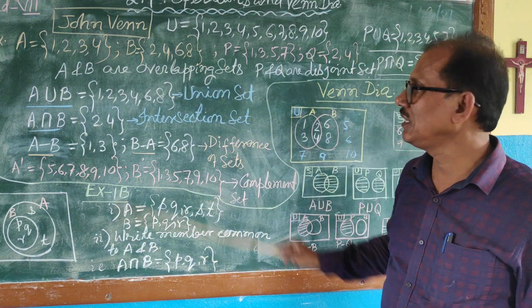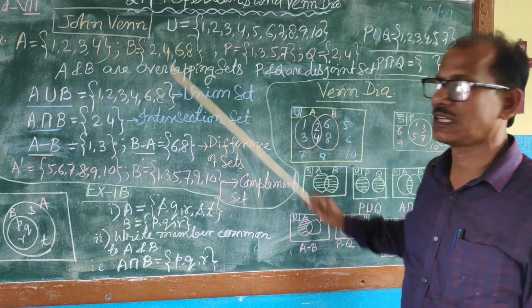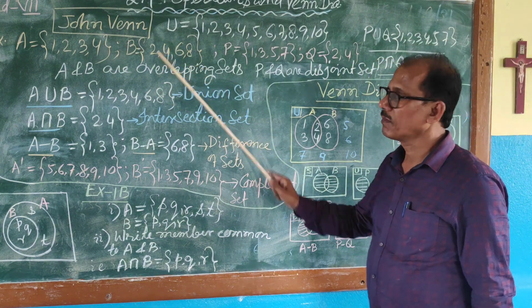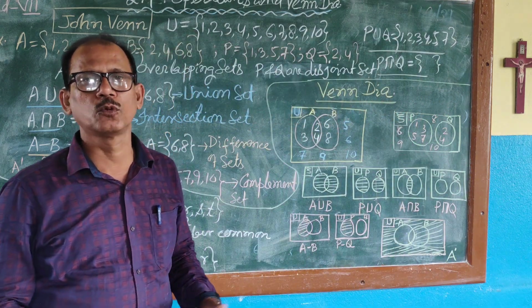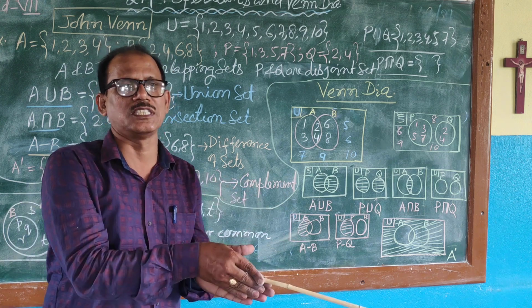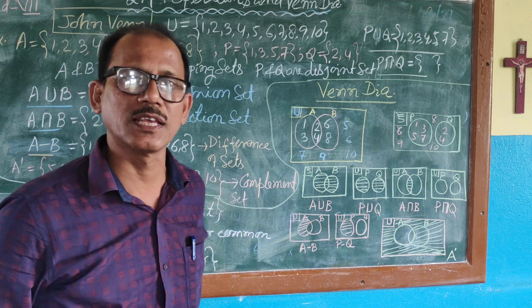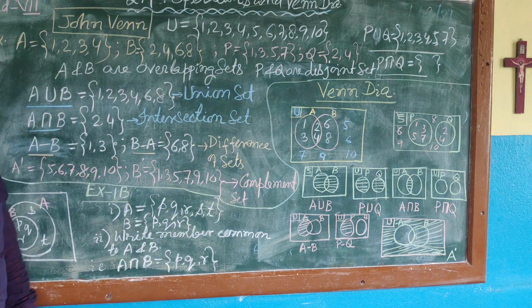Can you see 2 and 4 is present in A, 2 and 4 is present in B too. Therefore, if one or more elements of two or more sets are common, meaning some elements overlap each other, those sets are called overlapping sets. So A and B are overlapping sets.